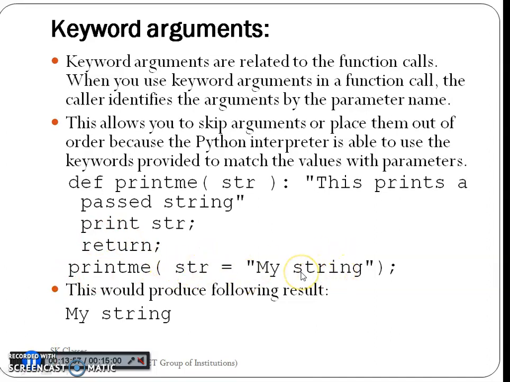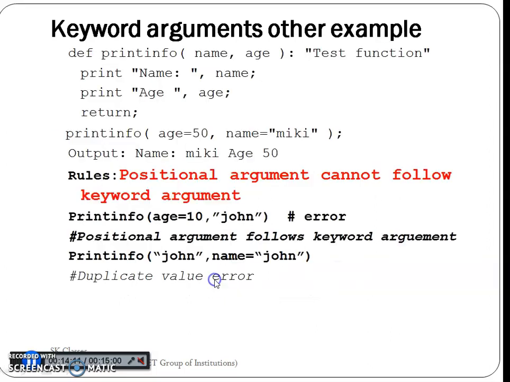Otherwise we were giving only values, but here we are using keywords, that means the name of the formal parameter and then their corresponding value. Such type of calling is called keyword argument passing. Okay, so this keyword argument passing allows us to change the order of parameters. For example, here age 50, name Mickey, we are passing, but above we have name and age both, so it will take the variable accordingly.